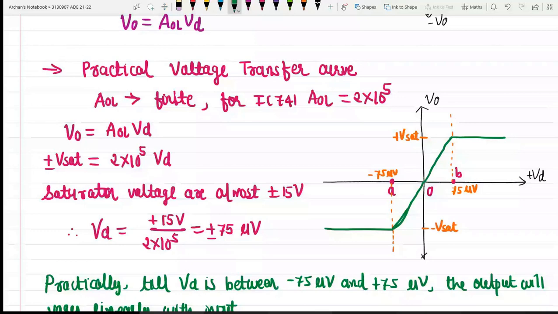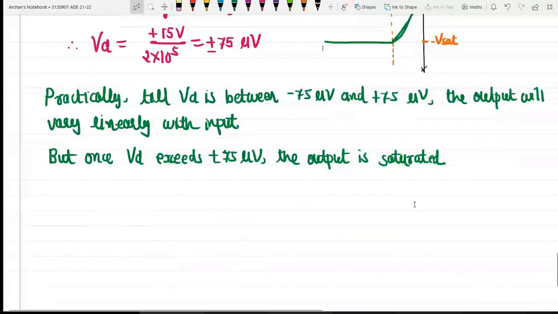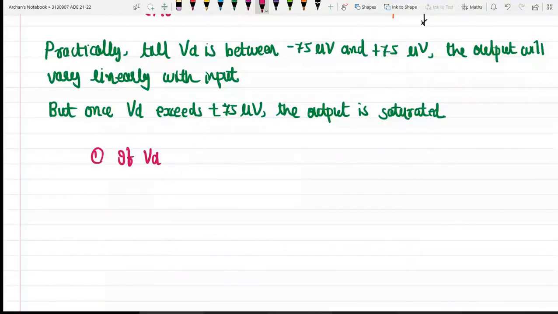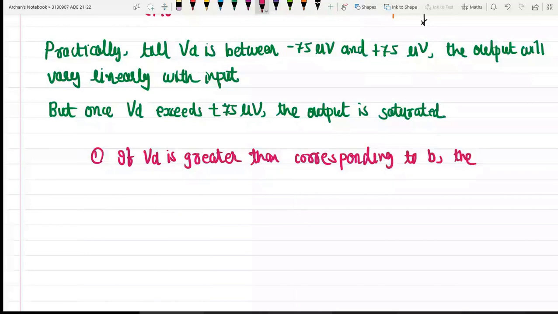Now if I talk about Vd, if Vd is greater than corresponding to B, the output attains positive saturation level.